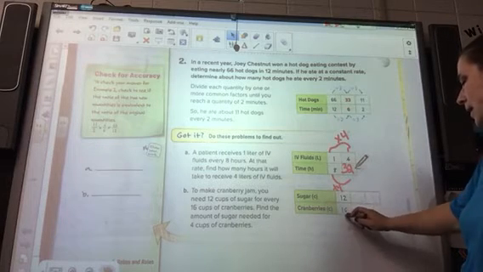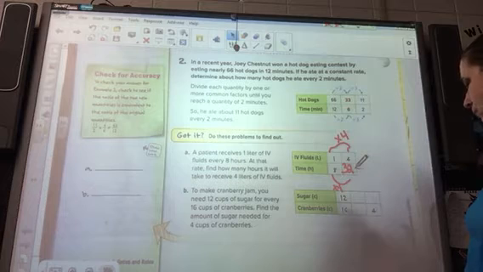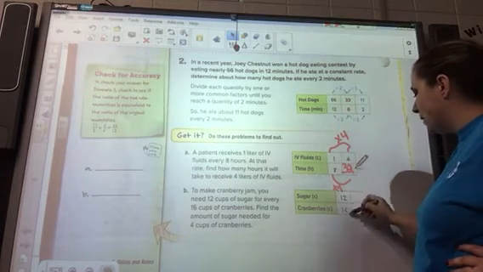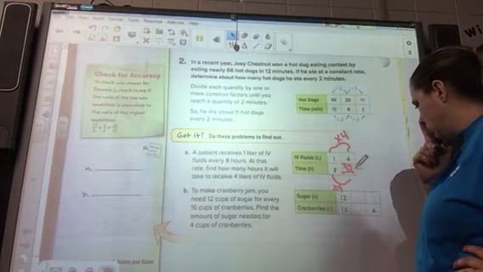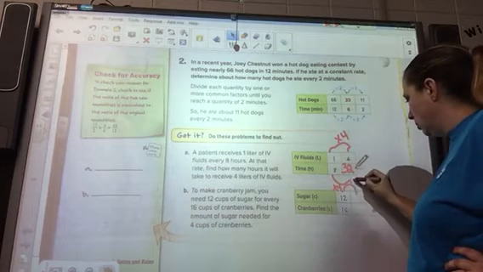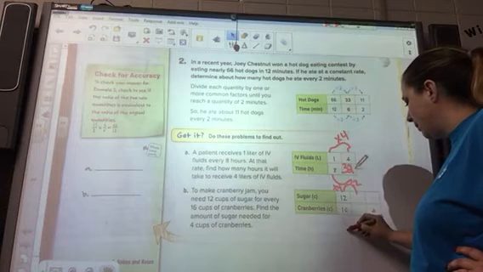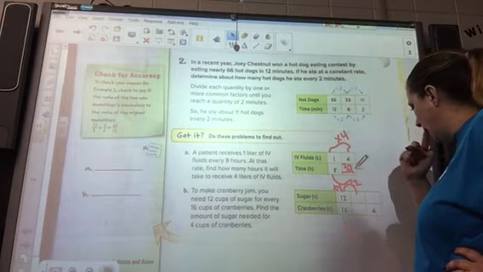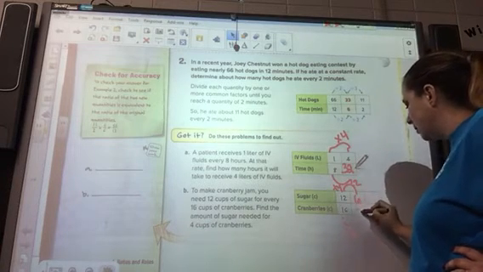So I need to get from 16 to 4. Well, what if I divide, both these look like they could divide by 2. Let's see, if we divide by 2 on the top and the bottom, we would get 6 over 8.